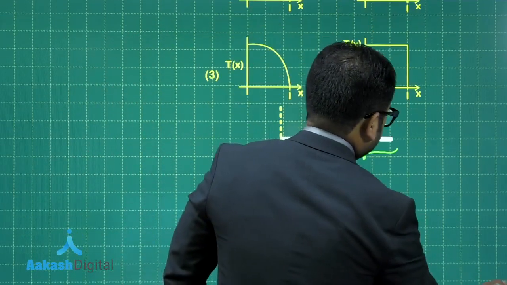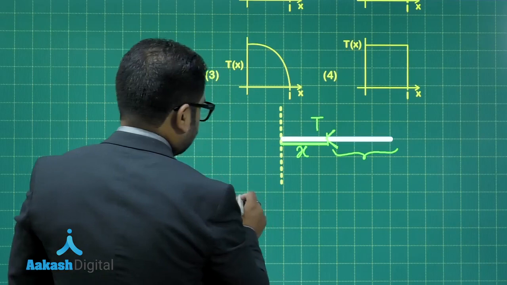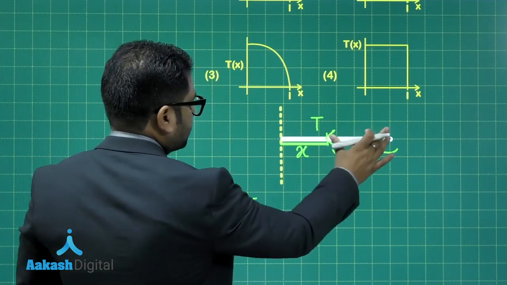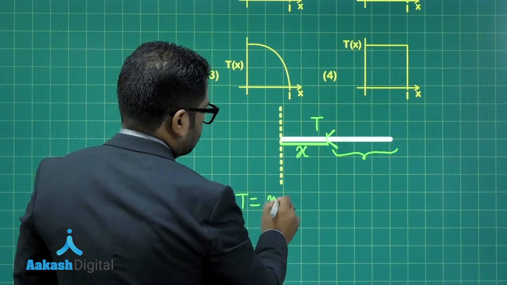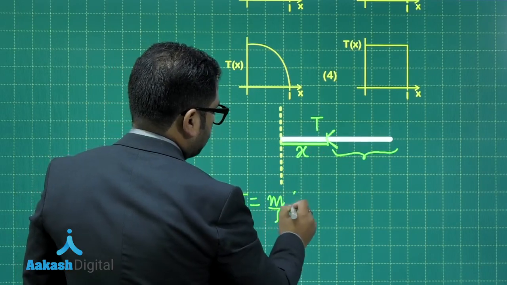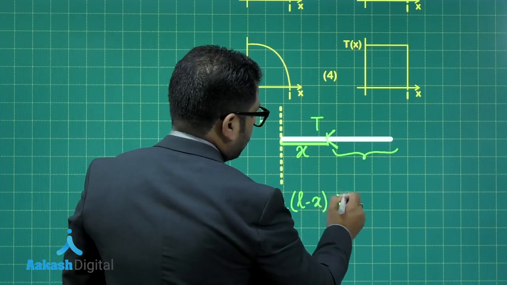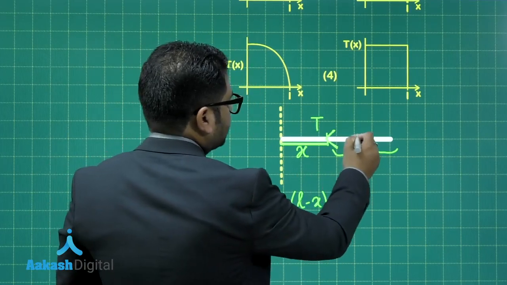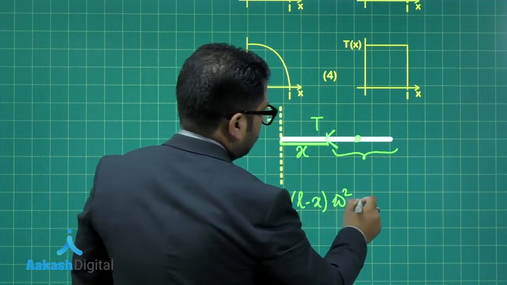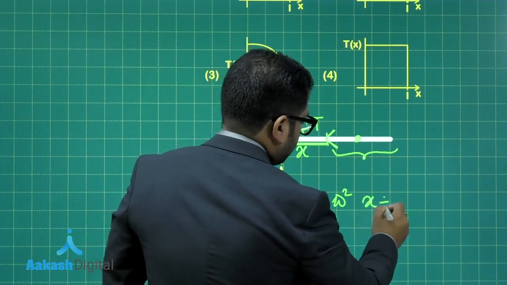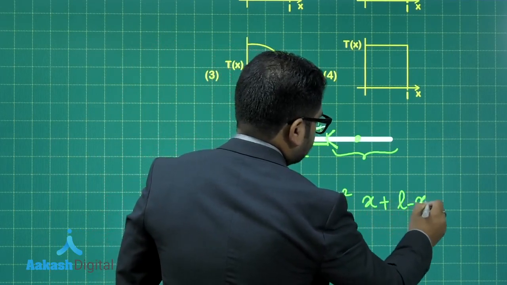So the tension here will be equal to this much of mass, which is m by L multiplied by L minus x, into omega square, and here is the center. So that will be x plus (L minus x) by 2.